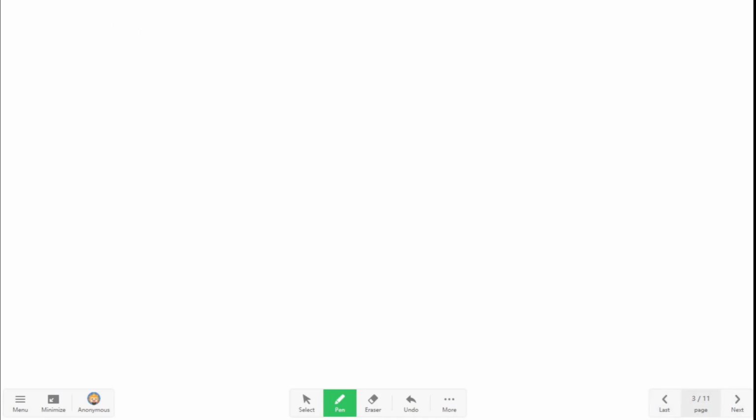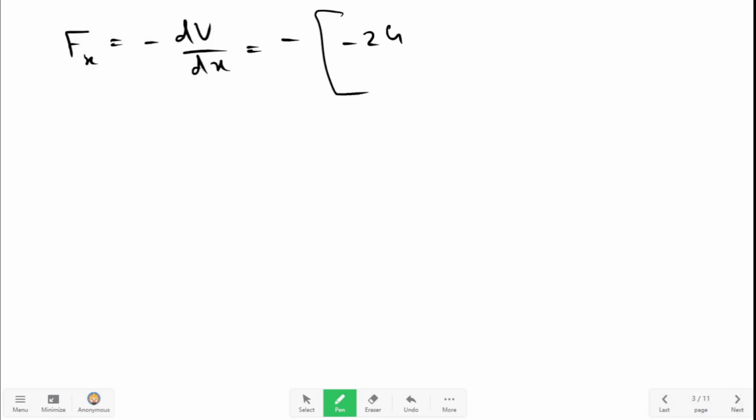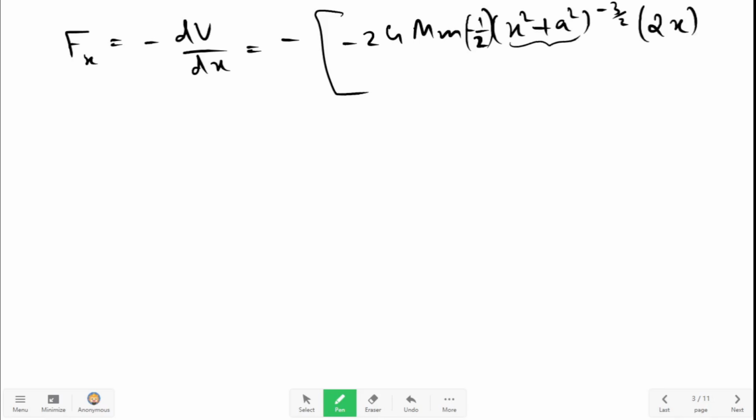Now force Fx is equal to minus dV by dx, which is equal to minus of the derivative of this thing. It is minus 2GMm times x square plus a square raised to minus 3 by 2, minus 1 by 2 is here, and then when you differentiate this, you will get 2x.